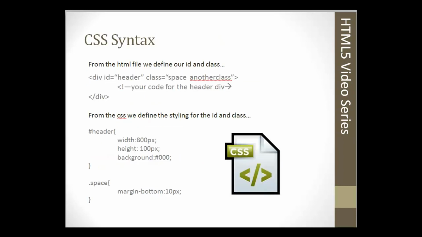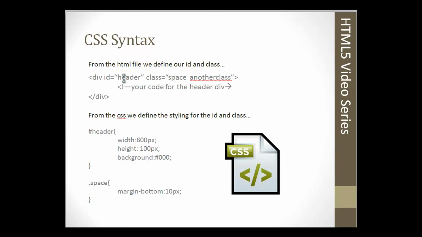So this is how you would use the CSS in the CSS file. And we're going to look at this part first, and this is from the HTML file. We define our ID and class. Like I said, you can have anything in here. Let's just say maybe there's like a heading and an image, maybe a logo, and we wrap that in a div tag, and we applied the ID of header, and we have two classes of space and another class.